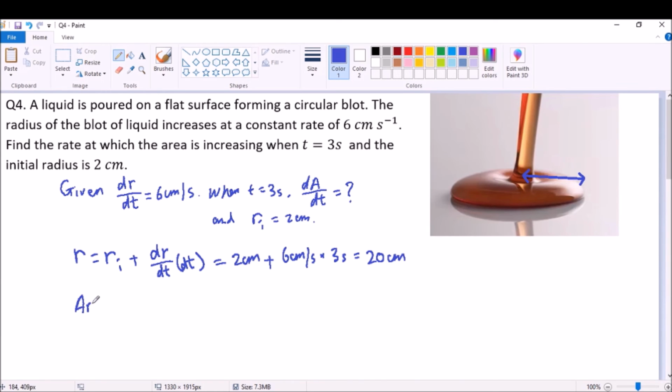And we know that the area of a circle has a formula A equals pi r squared. And so we take the derivative with respect to r. dA over dr will be 2 pi r. Now we use the chain rule.